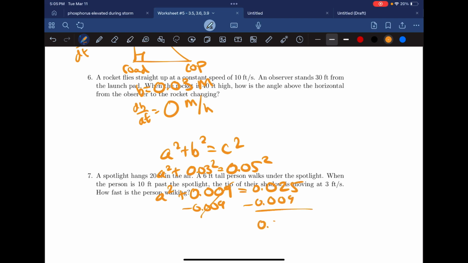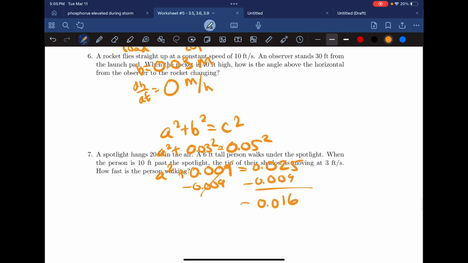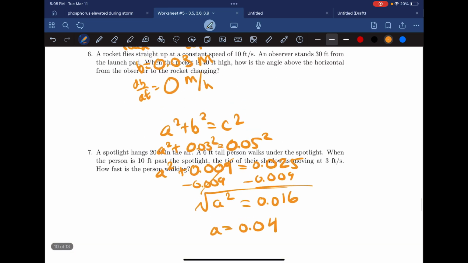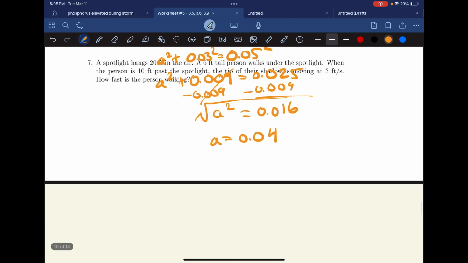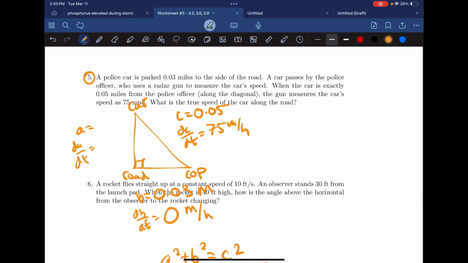So then we're going to get 0.0016 is equal to A squared. So we're going to take the square root of both sides, and we're going to end up with 0.04, right? Because it's kind of like the square root of 16 if you think about it, which is 4. So then we're going to go up here, fill in 0.04, and DA/DT is what we're looking for, right?